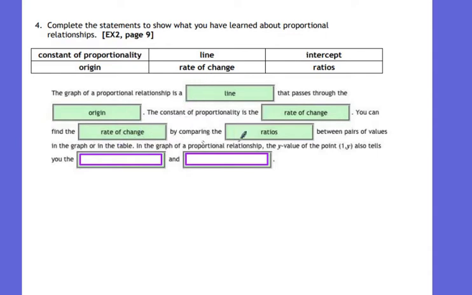In the graph of a proportional relationship, the y value of the point (1, y) also tells you the blank and the blank. It tells you the rate of change and the constant of proportionality. Anywhere when you see that famous 1, whatever number is written there is your rate of change and or your constant of proportionality.